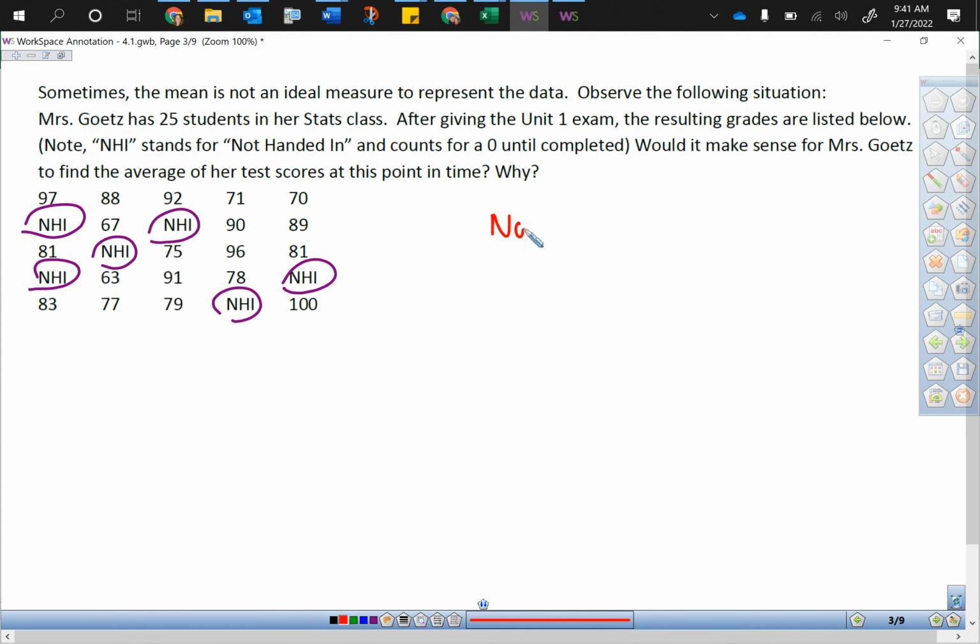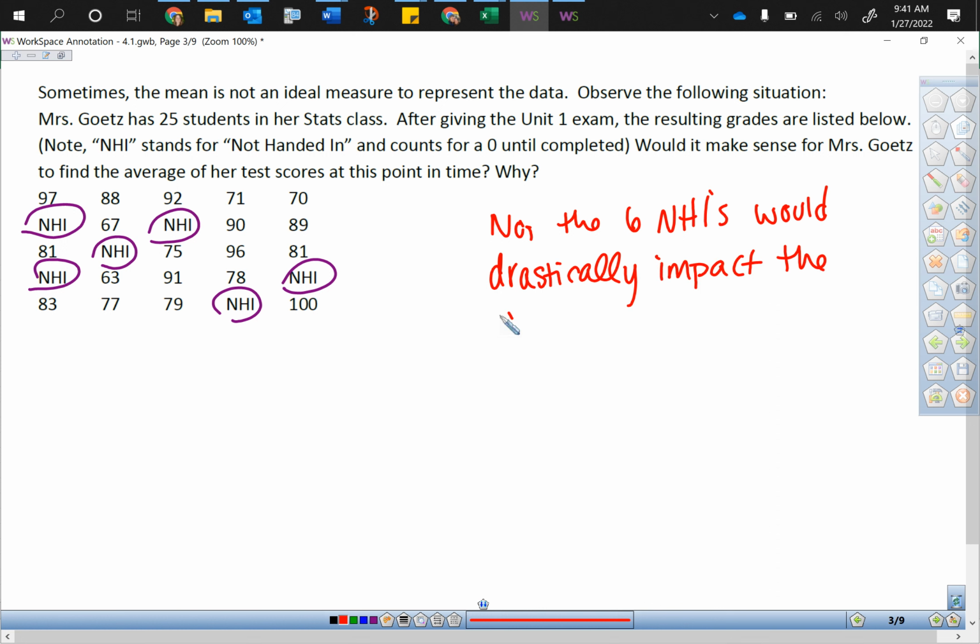So I'm going to put no. The 6 NHIs would drastically impact the average score. Those NHIs, those zeros, would really stand for outliers. They're really going to impact my average score. The average at this point in time would not be a good reading.